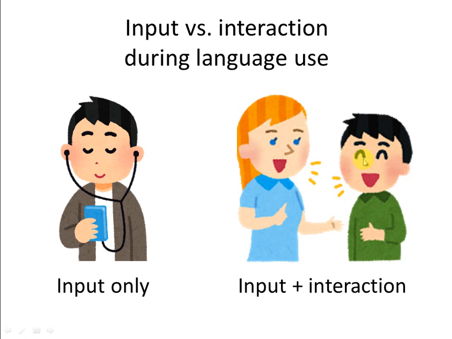Let's say this is you, and you're talking with this lady, and you're getting input from her, but also you are interacting with her. She's speaking and you're speaking, and she's listening to you, and she can modify her speech based on your reaction, based on what you say.